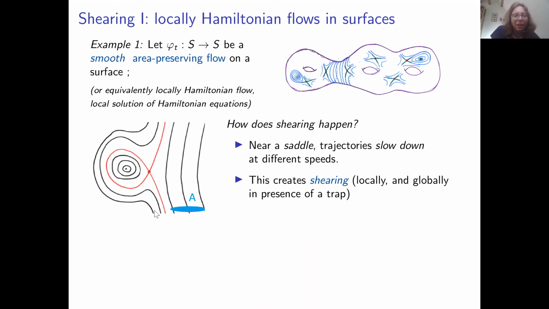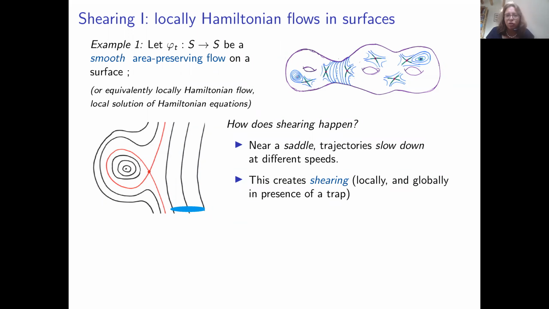So if I have an arc which is transverse to the flow and I flow it, the left endpoint of my set spends a lot of time getting out of the saddle. So it slows down a lot. And the right endpoint moves faster because it's farther from the saddle. So this creates shearing. Hamiltonian saddles create shearing locally.